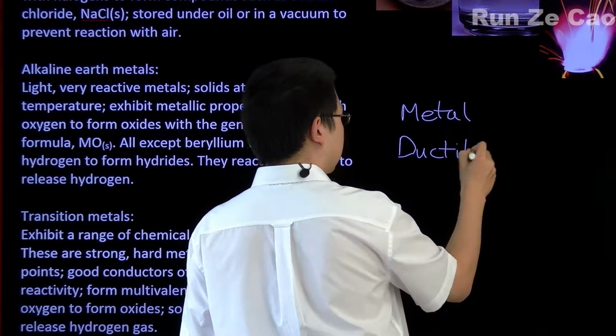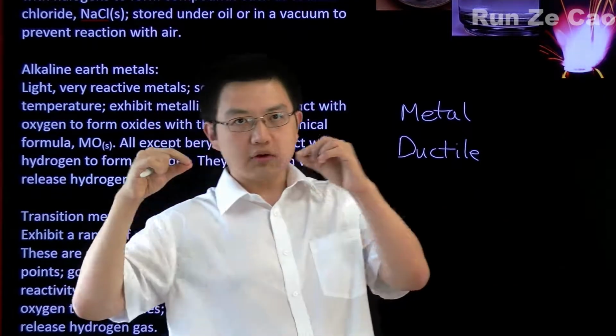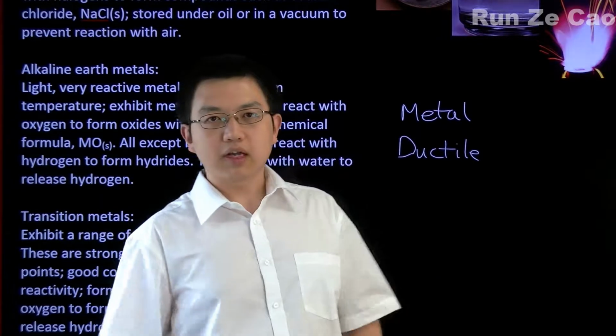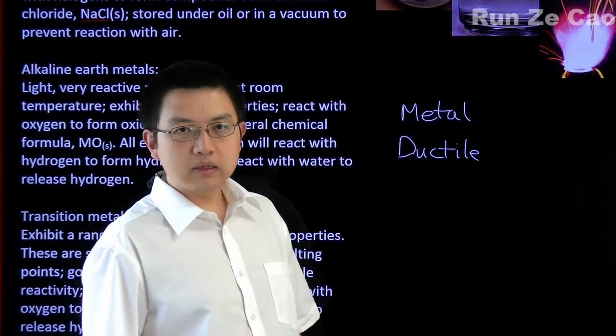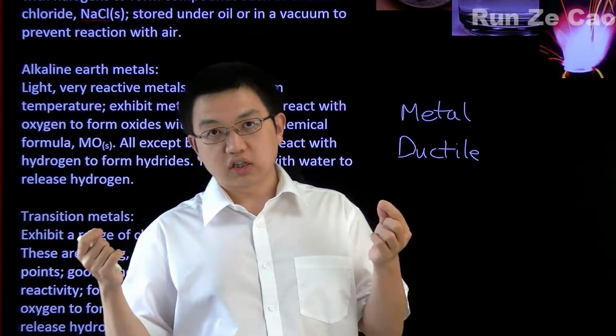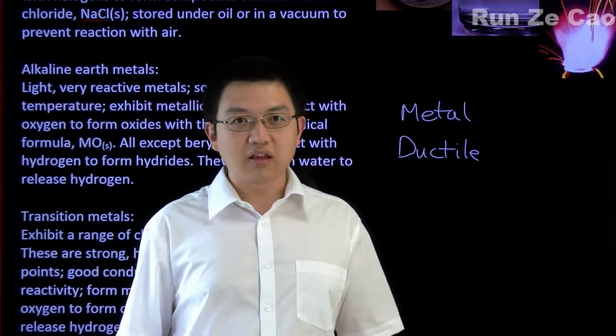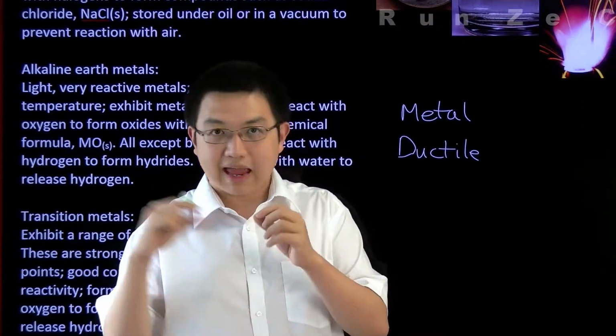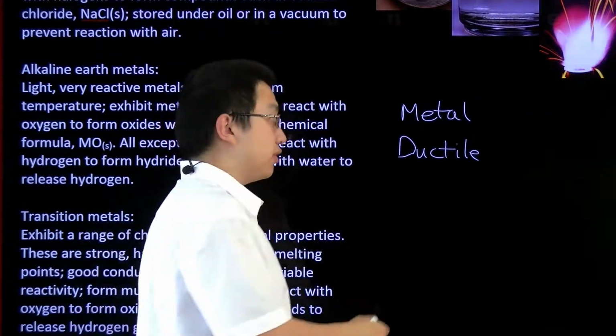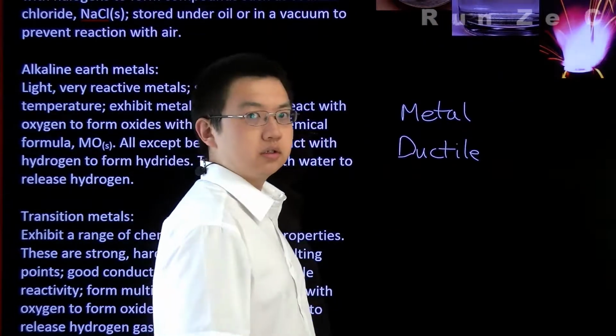So you can stretch it, and it will be stretched into a wire without breaking very easily. Although it'll break eventually, you can stretch it into a wire. Whereas, imagine trying to take a piece of chalk and stretching it. Yeah, that just snaps. That's brittle.